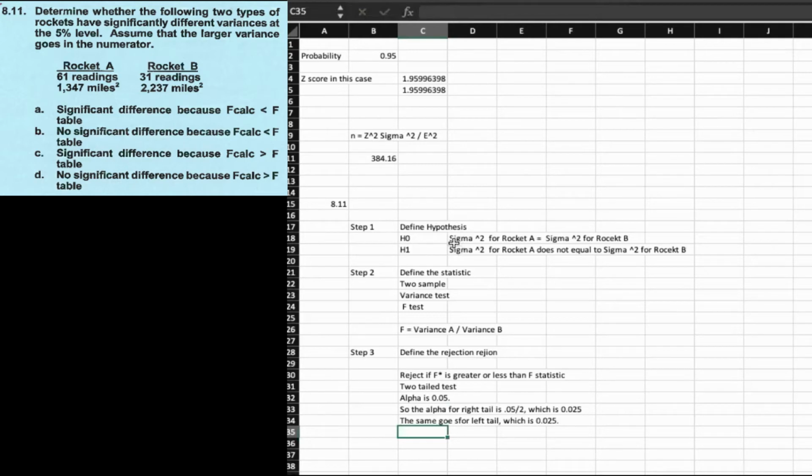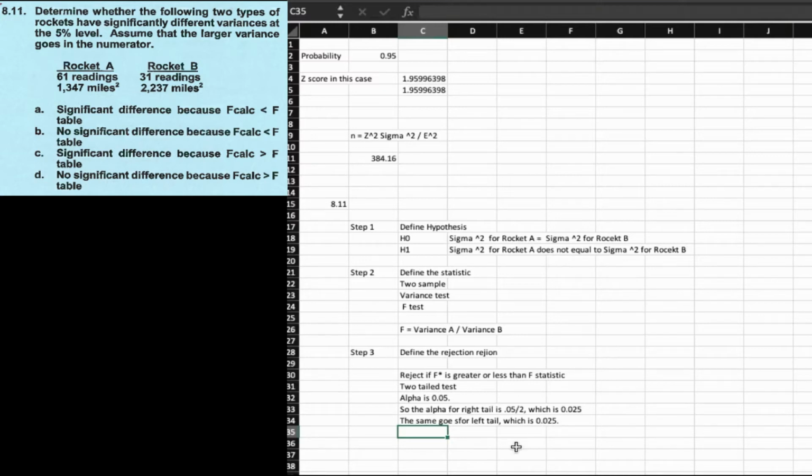It's because the alternative hypothesis says sigma squared does not equal sigma squared for rocket B. If it says sigma squared is greater than rocket B, then it's a right tail test. Therefore, we are going to use 0.05. But instead, we are going to be using 0.025 for that reason.